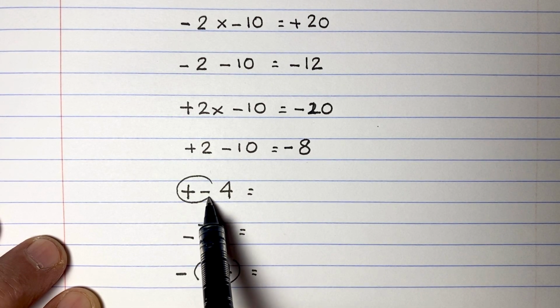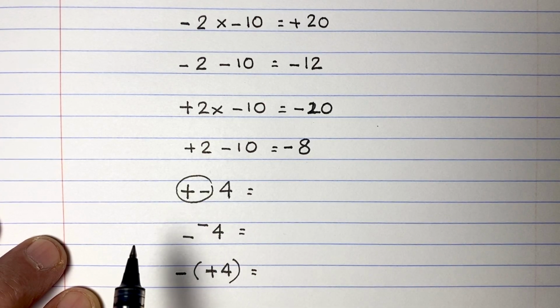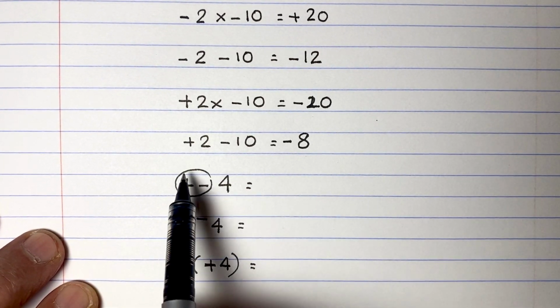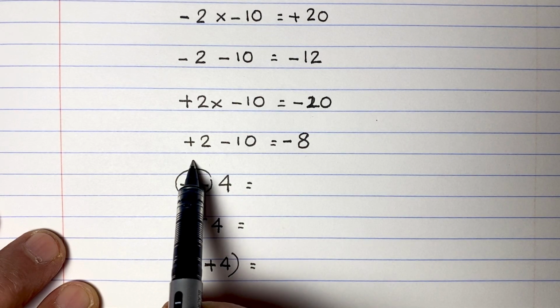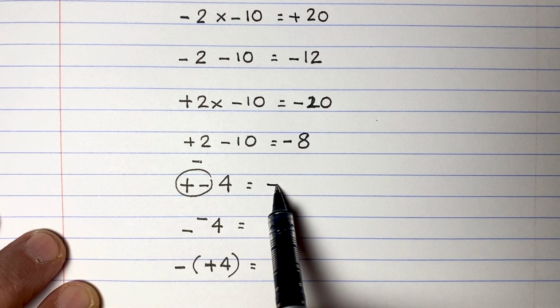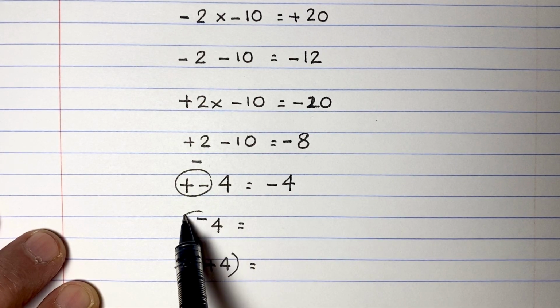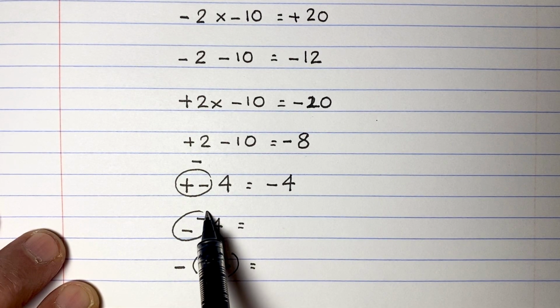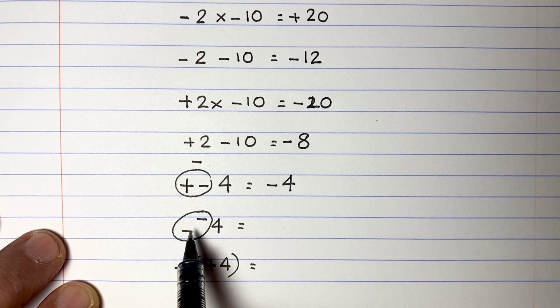So whenever you see double signs, you need to reduce it to a single sign using the multiplication or division rule. So positive times negative is negative. So the answer is minus or negative 4. Here, minus followed by minus, negative followed by negative. The multiplication rule between them is an invisible times.